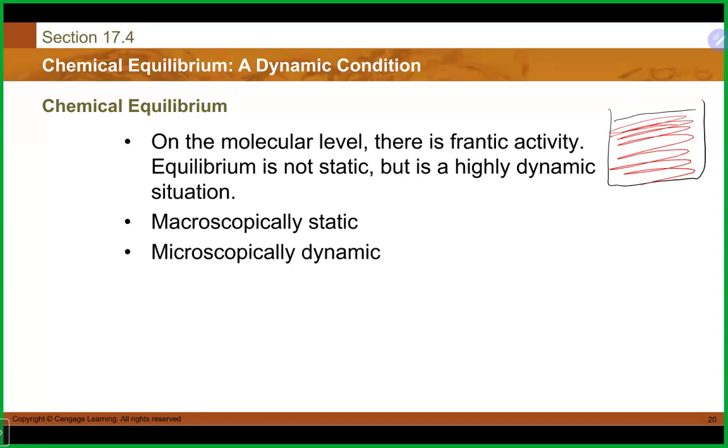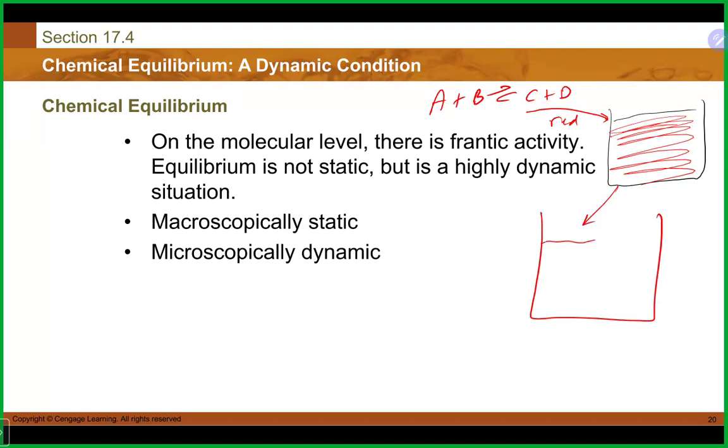Not much is happening. But if this was, say, this reaction here, my made up reaction, and this is what turned it red when it made our products, and you were to zoom in to the microscopic level where the reactants and products are, you would still have this reaction happening.